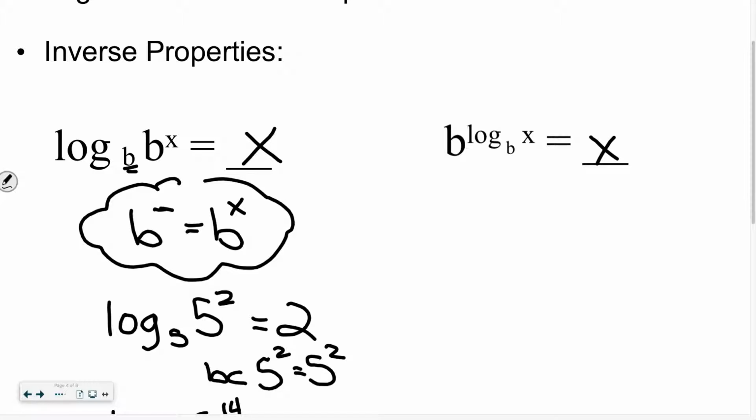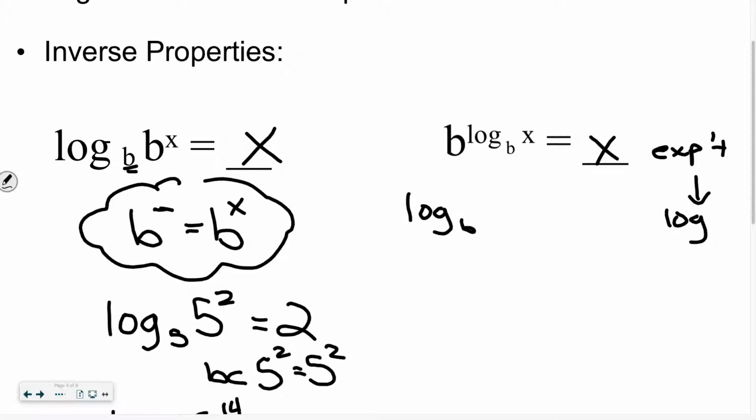Okay. Now that makes sense because this, do you agree, is an exponential form? I have a base and an exponent and it equals some answer. If I were to change that into log form, I would have to say the log, what's the base to your exponential? B, log base B, of what value?